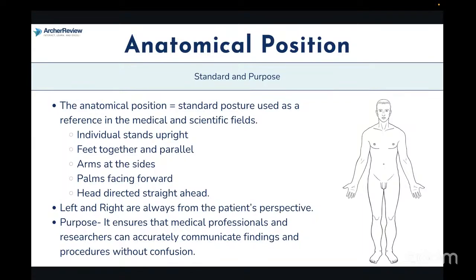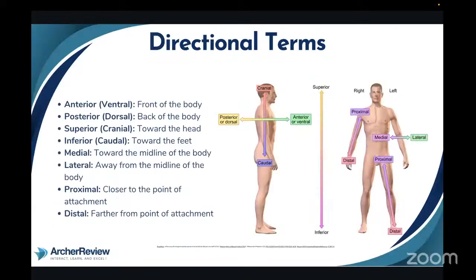Keep in mind, left and right are always from the patient's perspective, not from your perspective, but it's the patient's right side of the body, the patient's left side of the body. And again, this is to ensure that medical professionals and researchers can all communicate findings and procedures accurately for best patient care and without confusion.